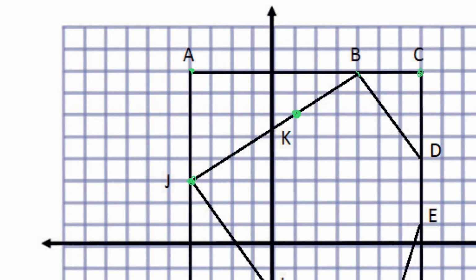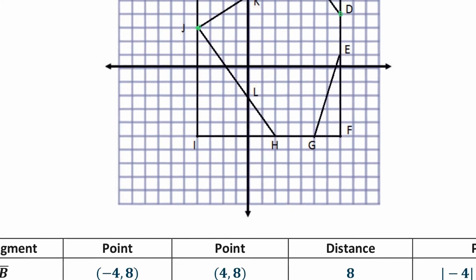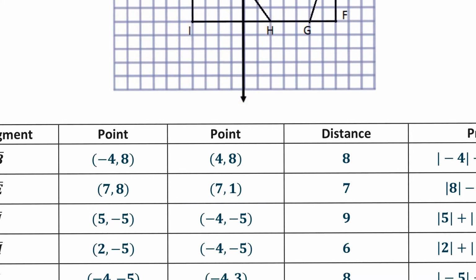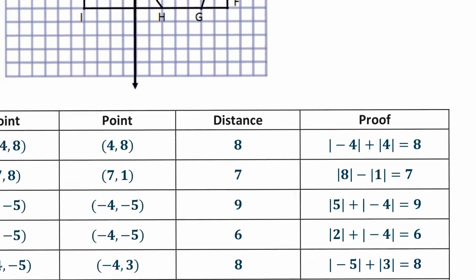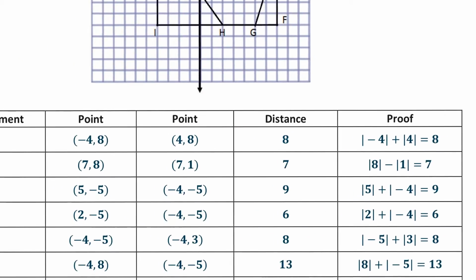B, C, D. So you found those different points. You probably just counted the distance between them, but for the proofs, remember, these x's are different and they're on opposite sides.